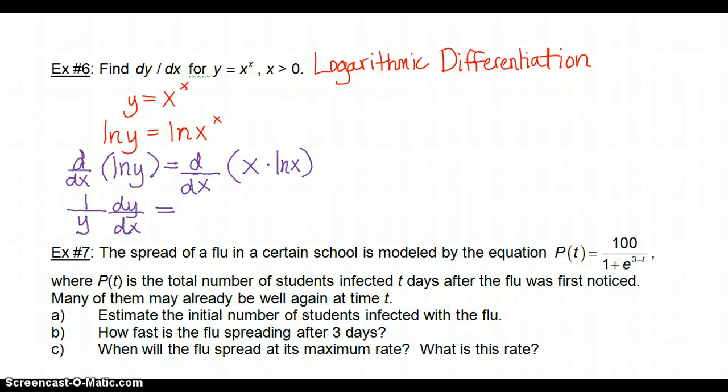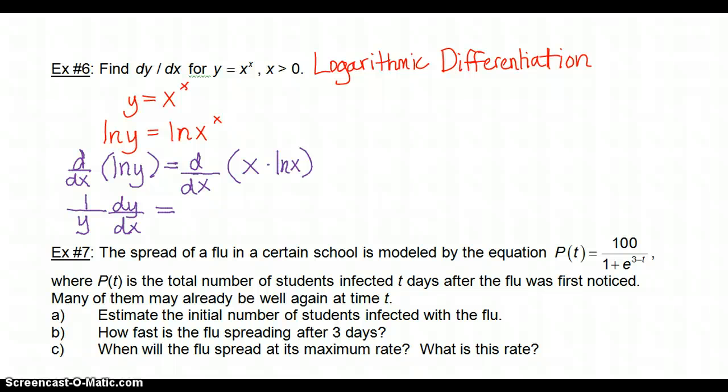And because it's a y, we have to multiply by dy/dx, because remember how I said when the variables don't match up, the x and the y, we have to multiply by dy/dx. So it's logarithmic differentiation, but you're using implicit differentiation in there.